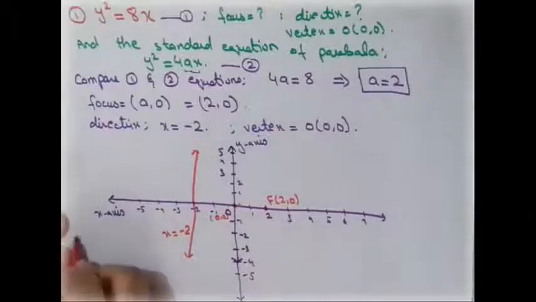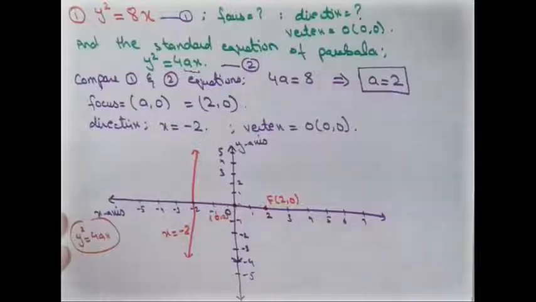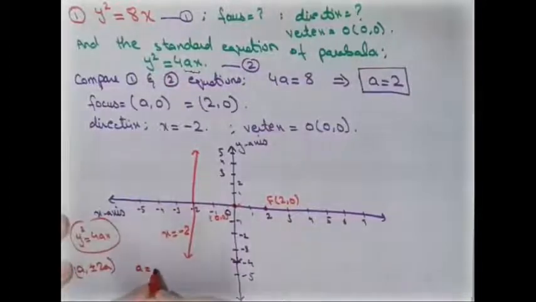If we have the equation y square equals 4ax, then the endpoints of the latus rectum on the curve are (a, ±2a). With a equals 2, plus minus 2a equals plus minus 4.